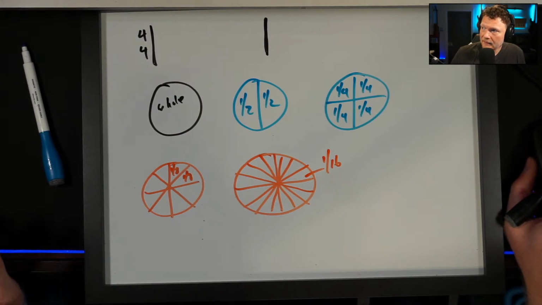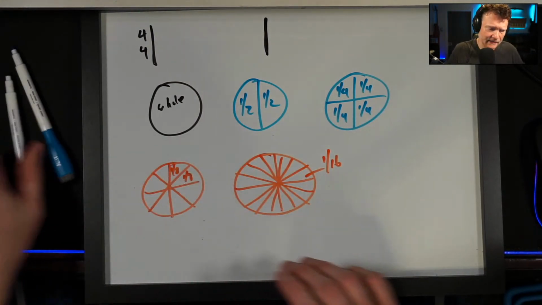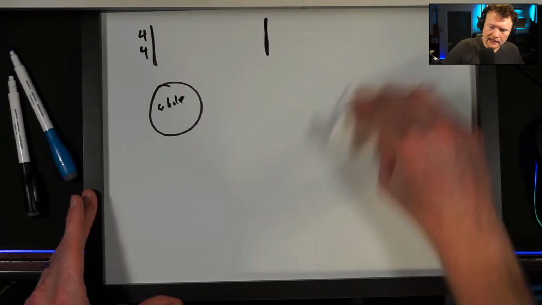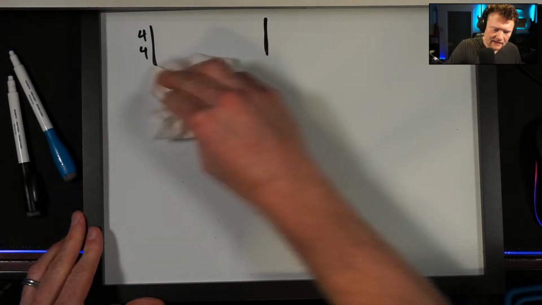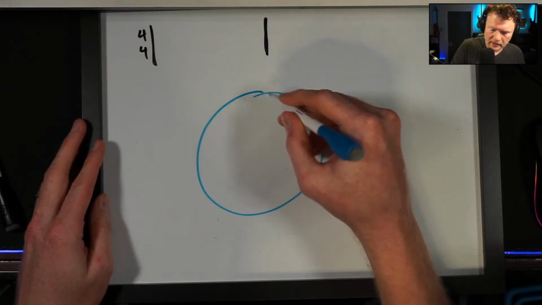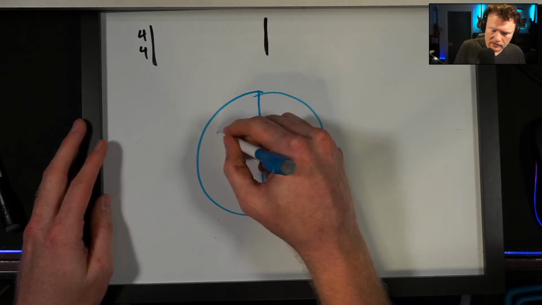And then it doesn't have to be divided up like that evenly. So for example, you might say, actually, we're going to take this whole pizza and I'm going to divide it up like this. I want to have one huge slice for somebody.